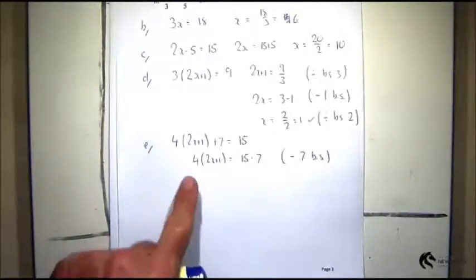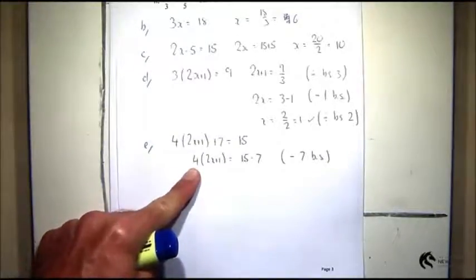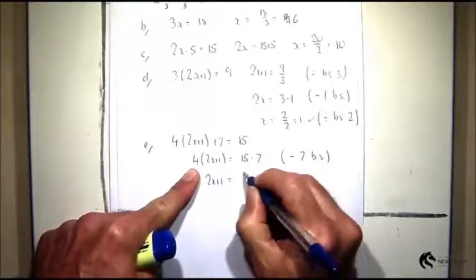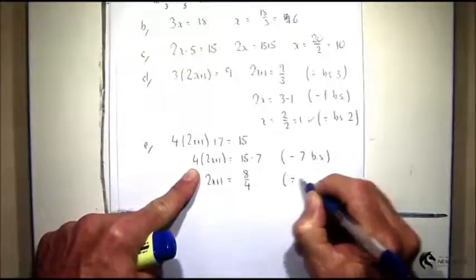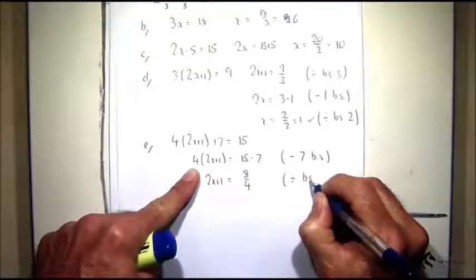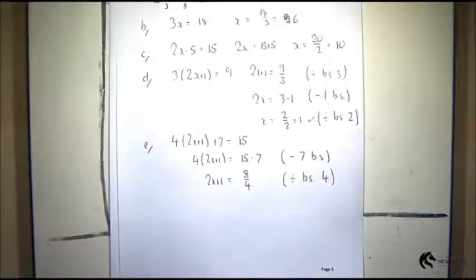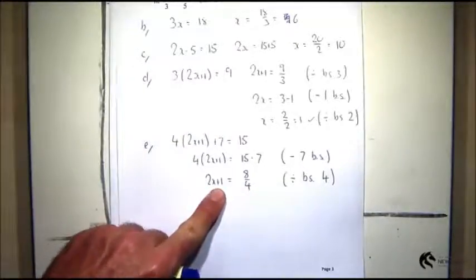The next thing I'm going to do is divide by the 4. So I have 2x plus 1. Now 15 minus 7 is 8, so I've got 8 divided by 4. So I've divided both sides by 4. I now want to subtract 1 from both sides.